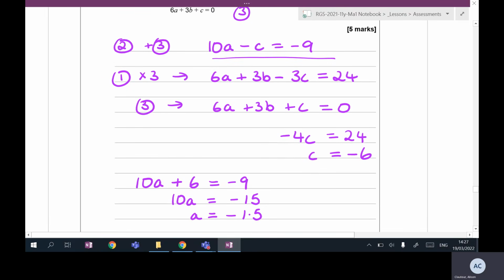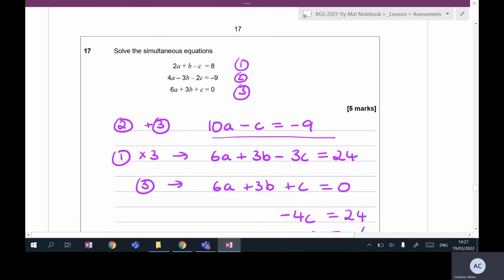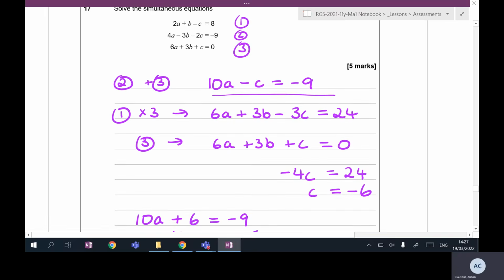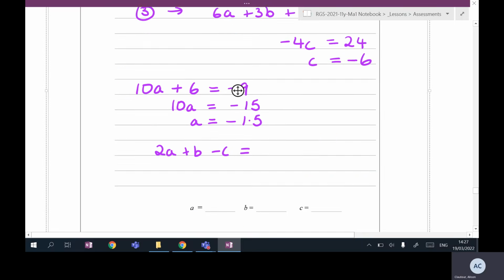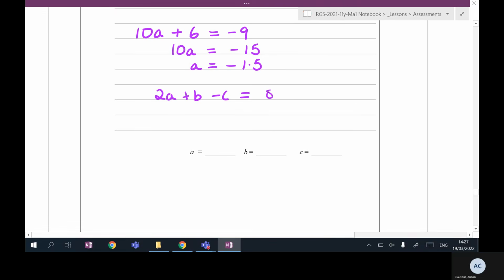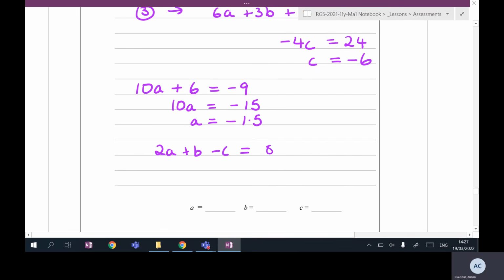I can then use those two values in any equation to work out what B is. So I'm going to go for the top one. 2A plus B minus C gives me 8. So A is minus 1.5, so that would be minus 3. Add B, minus minus 6, is going to give me 8.